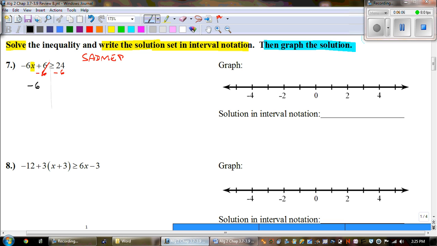I'm left with -6x is greater than or equal to +18. And now that x is not by itself yet, I have to divide by -6. And what's the rule for when we're dividing by a negative? What do I have to do to that symbol? That's right, I have to flip the symbol, and we're left with x is less than or equal to -3.